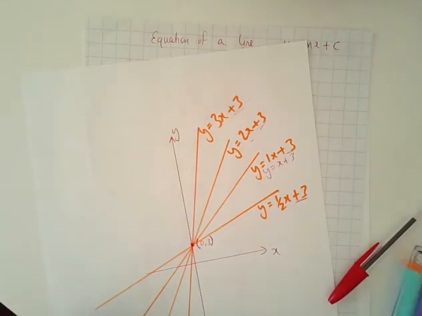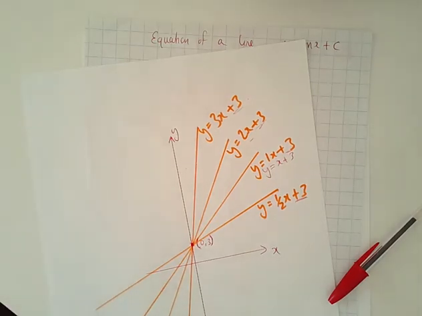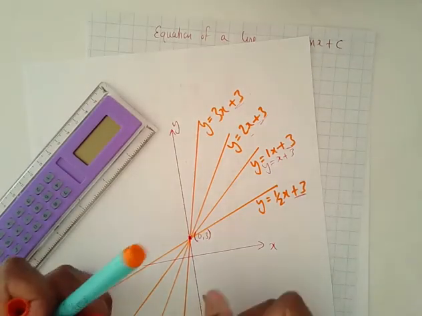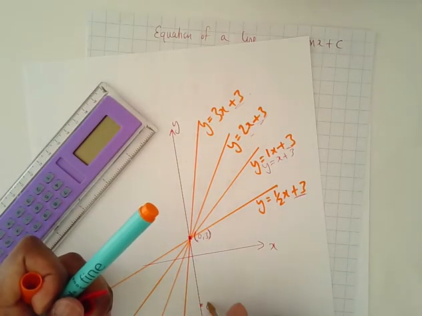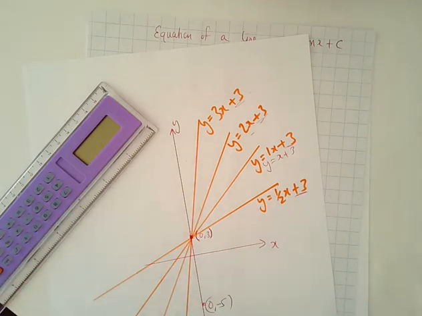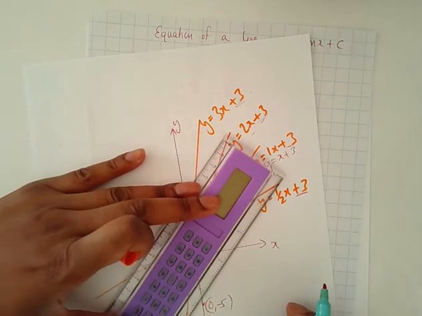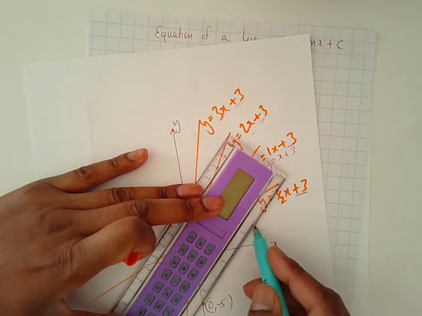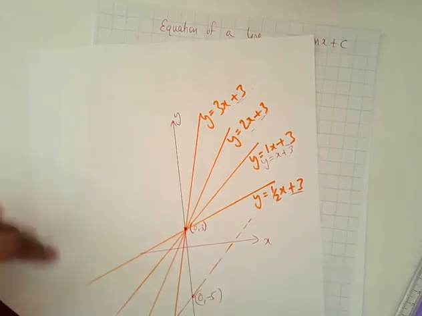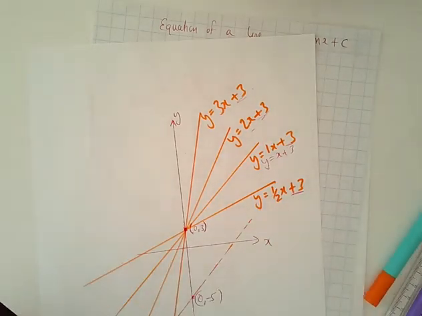I could have had something like this, for example. Let's say that one, I'll call it 0 along the corridor, minus 5. So if I was to draw a graph of that one, the equation of that one would be what?